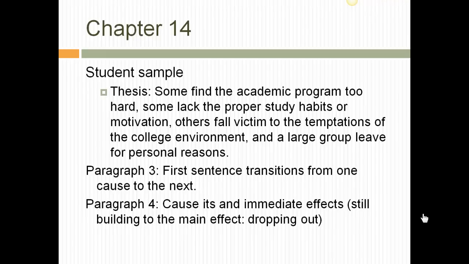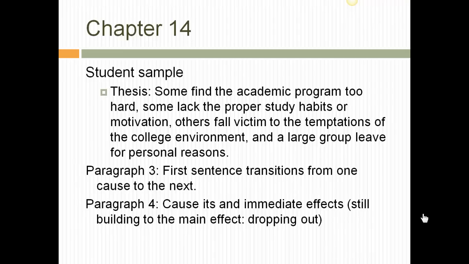Now, if we look ahead, the third paragraph has a nice example of writing style in that the first sentence gives us a transition from the cause that was discussed in our first body paragraph to the cause in the second body paragraph.